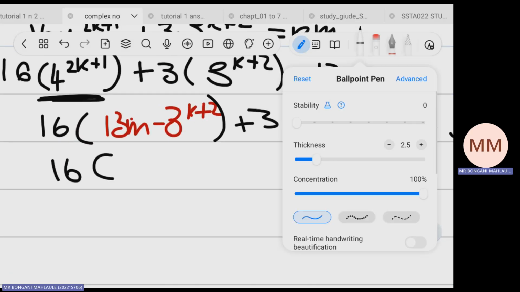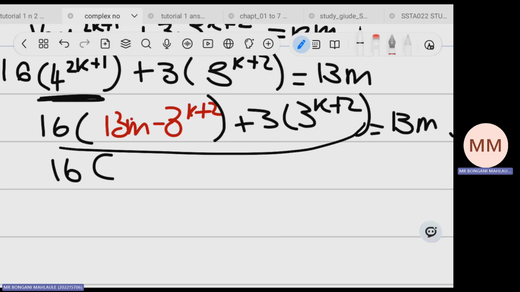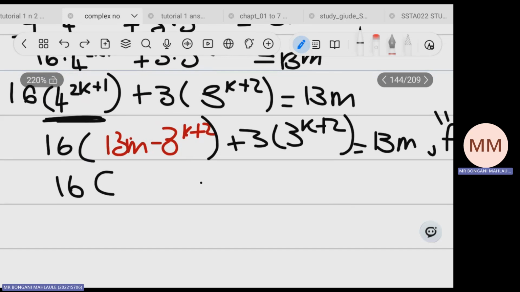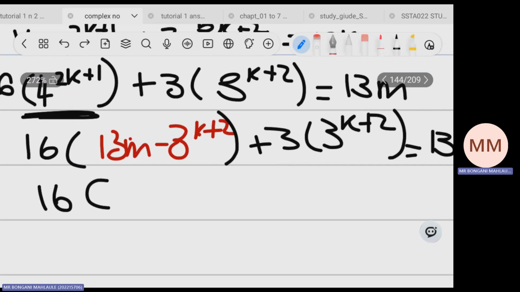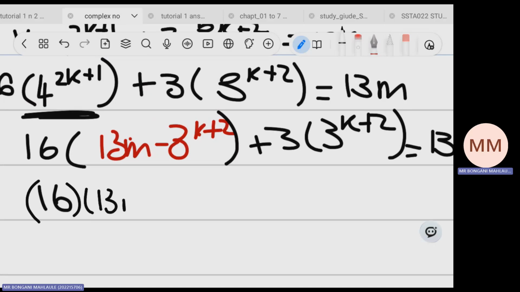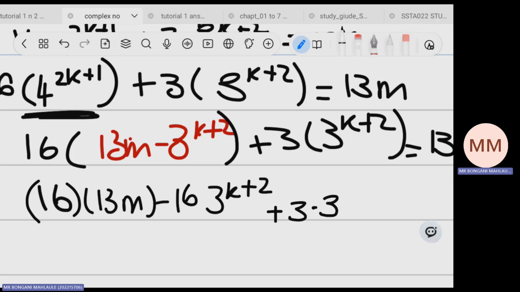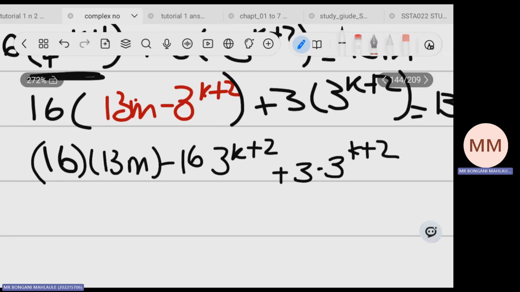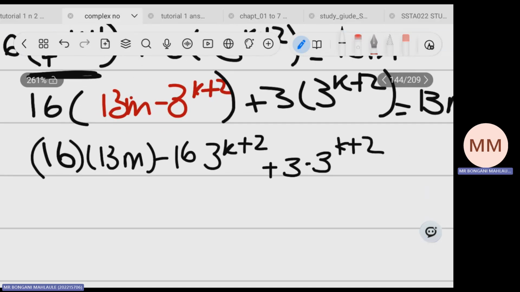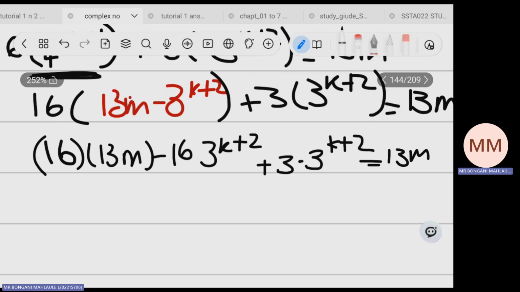Then we're going to come here, and we're going to say this is equal to 16 times 13m. When you simplify, you have this, 3^(k+2). So now I can actually take out 13.